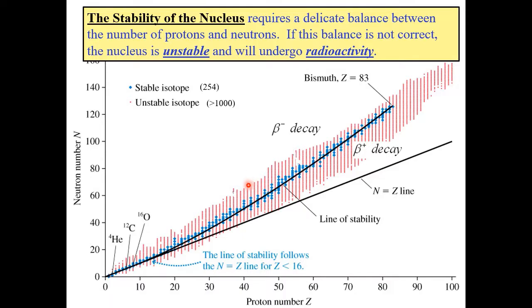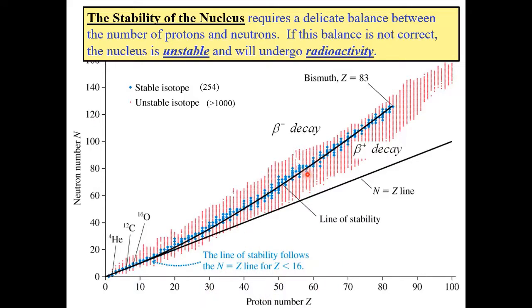Now, on this graph here, there are 254 stable isotopes. So that's the blue dots. Notice they fall along a very narrow band here. So this means that these blue dots represent stable nuclei, isotopes that have the right balance of neutrons to protons.